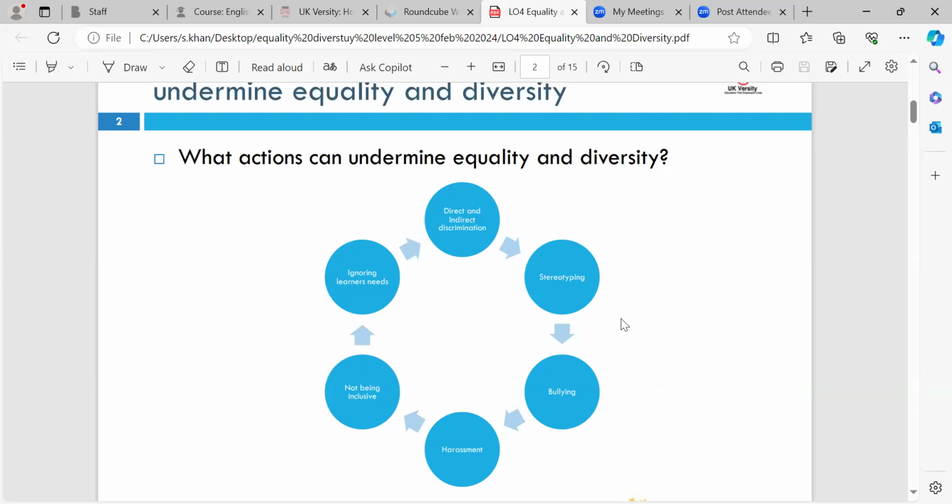So it's really essential that at all times any staff within the organisation, within the education field, are professional enough to promote equality and diversity. The whole reason behind it is to make sure standards are followed within an organisation.